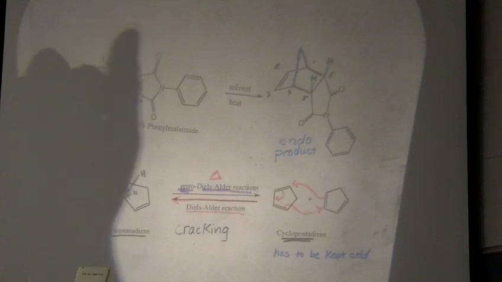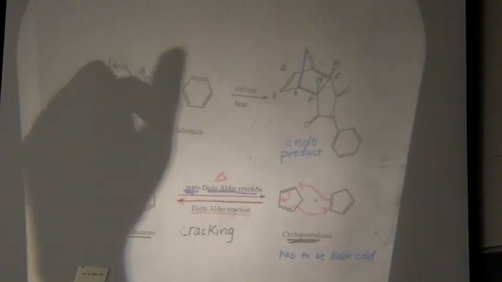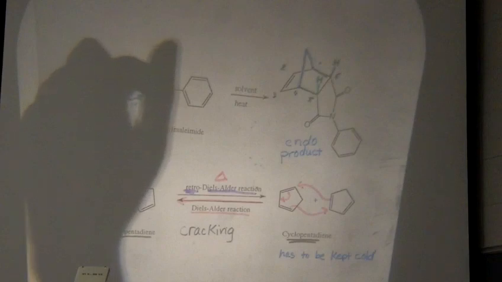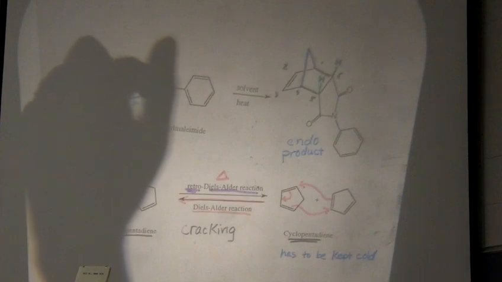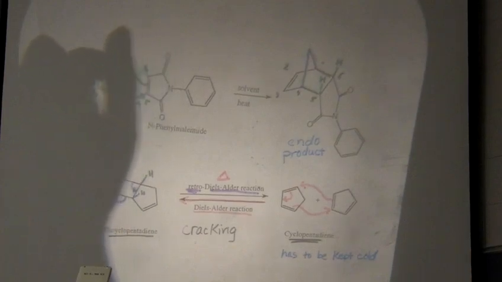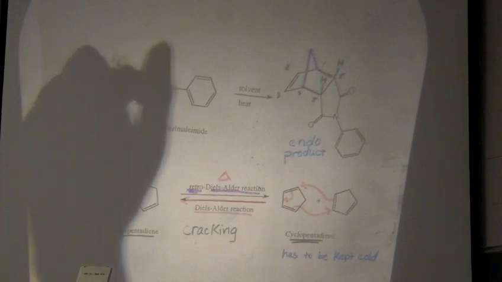So electrons flow around our cyclic transition state, okay? So we've got from carbon 6 to carbon 1 here, we've got this double bond, so we've got electrons flowing here, and then electrons from this double bond flowing here, electrons flowing here to make this bond, okay?